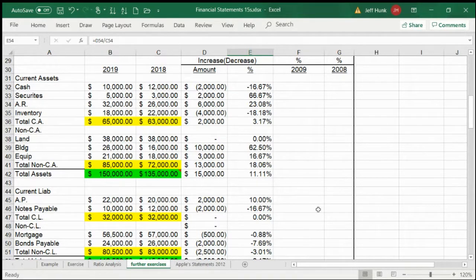Remember, vertical analysis was called common size statement, right? Just like that, for the horizontal analysis, this is the name I call it.